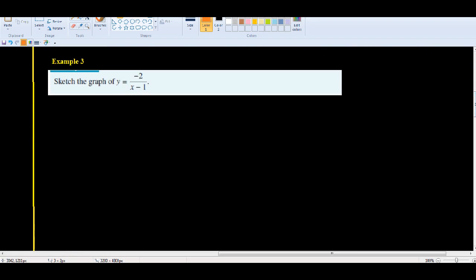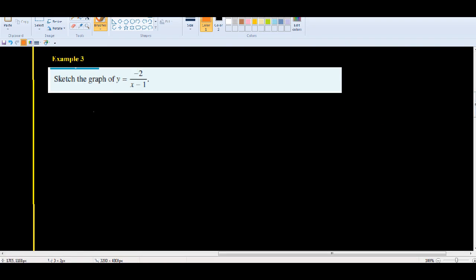So let's see another one. This is another curve, suppose. For this curve, again, we're going to find the horizontal asymptote first. For the horizontal asymptote, we put x tends to infinity.